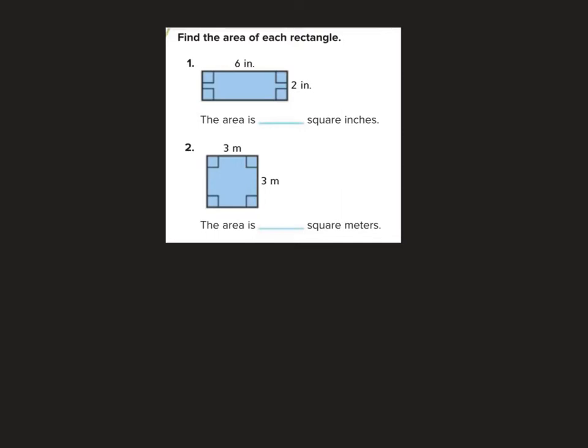So if we find these areas, here we go. And I do want you to write the formula every time because we're in the beginning stages of following formulas. So I do want to see that. Okay, so we're going to write our formula. Capital A equals L times W. I'm going to say the L is 6. So right below the L, I'm going to write my 6.